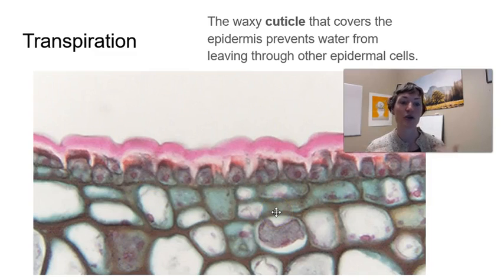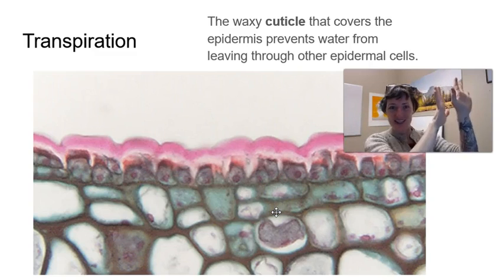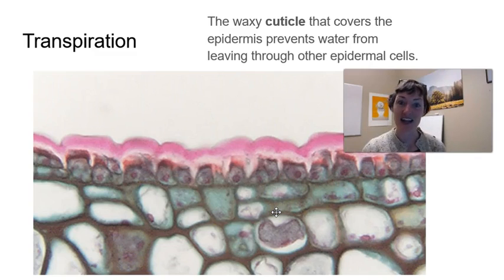So that's why water is only going to be escaping through those stomata, because they're an opening, right? And so that is the connection between the external environment and the internal environment, and water will just passively move out by diffusion, because a plant is 90% water. So unless it's 90% humidity out, there's more water concentration within the plant than outside the plant. But again, a high concentration of solutes will help keep that water in.